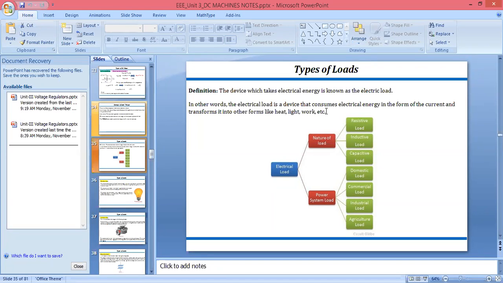It means we can call the microwave oven an electrical load because it takes electrical energy and converts it into heat.